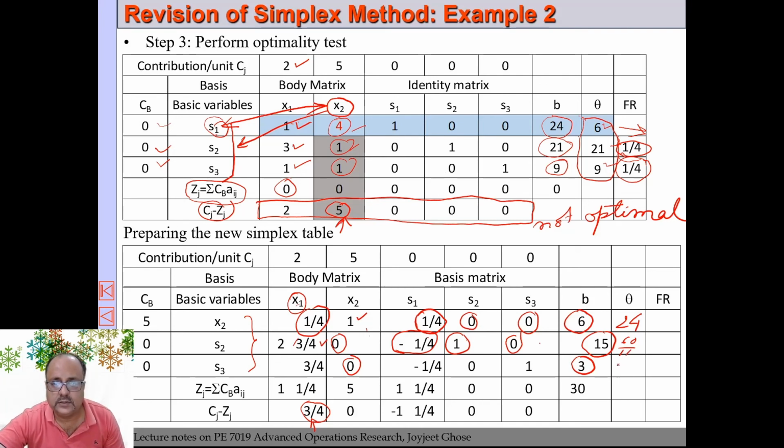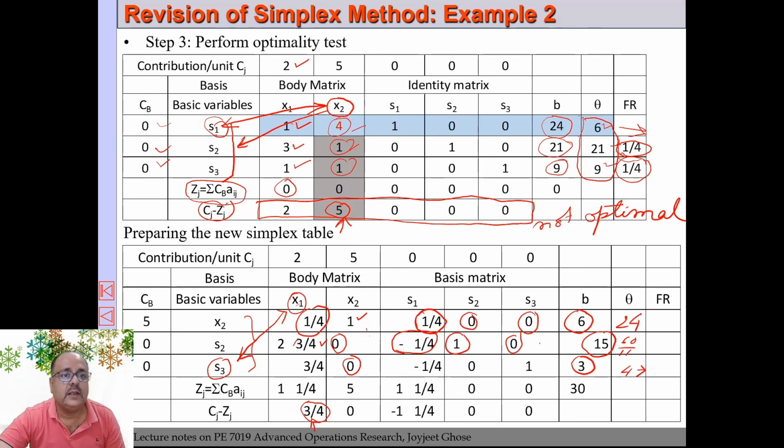And 3 divided by 3 by 4 becomes 4. So I think this is the lowest value. So this is the exiting variable. X3 is the exiting variable. So X3 will be replaced by this X1.